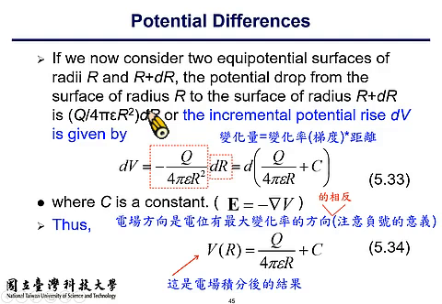It's only related to the distance r. So the expression for V can be reduced to a one-dimensional function. That is, it's only related to position r, the distance r, and it equals Q over 4 pi epsilon r.